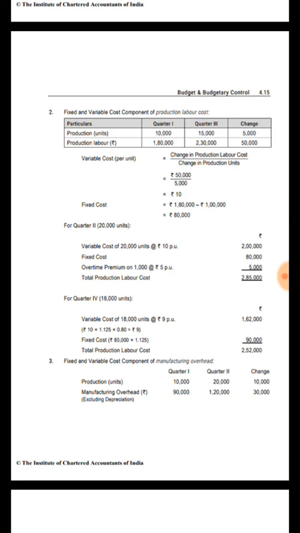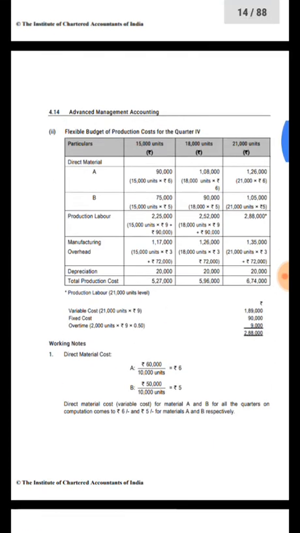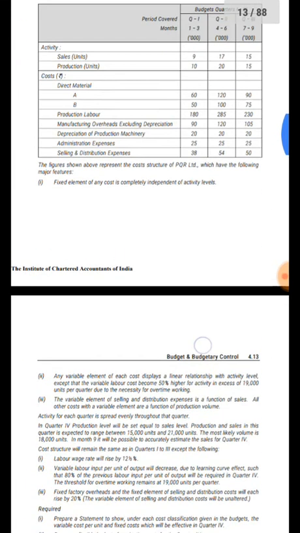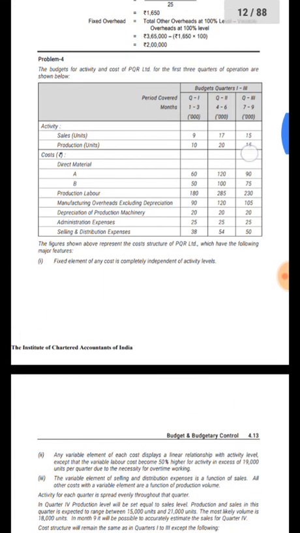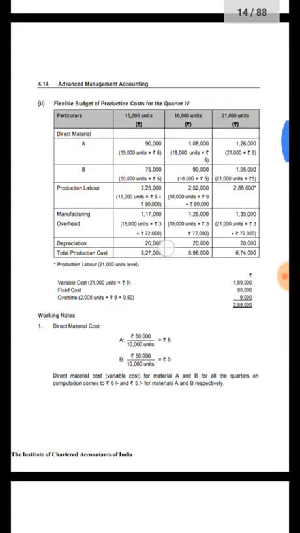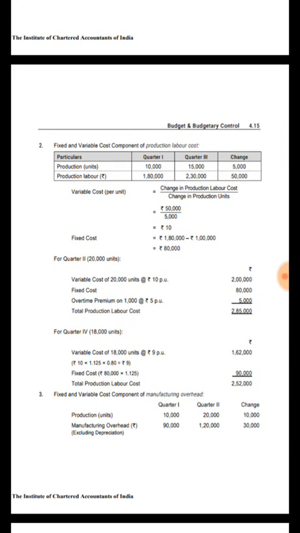Production units 10,000 and 15,000. Again, production labor is 180,000 and 230,000.